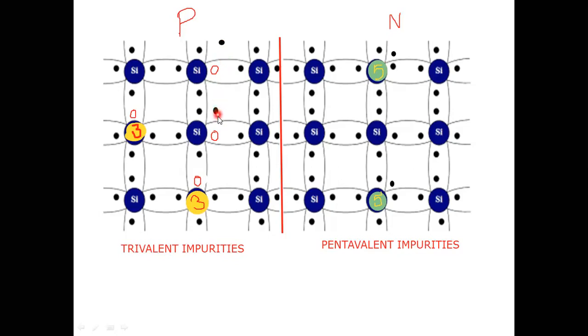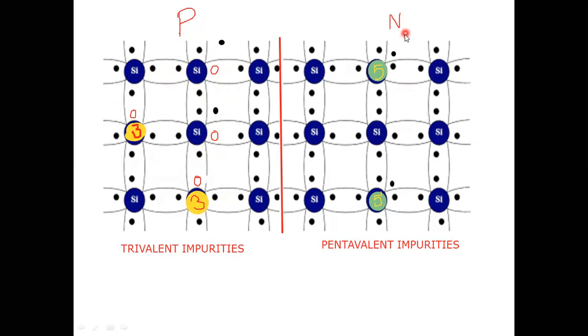Compared to the number of electrons, the number of holes here is more. That's why in a p-type semiconductor, holes are majority charge carriers. Since holes are positive charge carriers, we denote the hole with a positive charge. That's why it's called p-type.